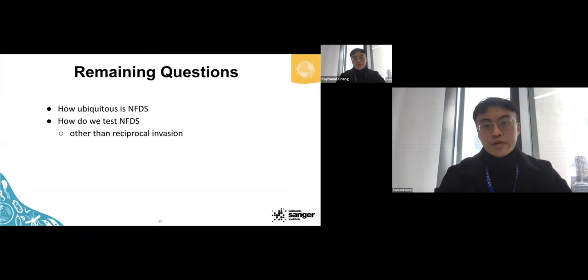So here are some remaining questions I think we might need to investigate further. First of all, how ubiquitous is NFDS? Recall that in the NFDS model, we can estimate the proportion under strong NFDS and the proportion under weak NFDS.